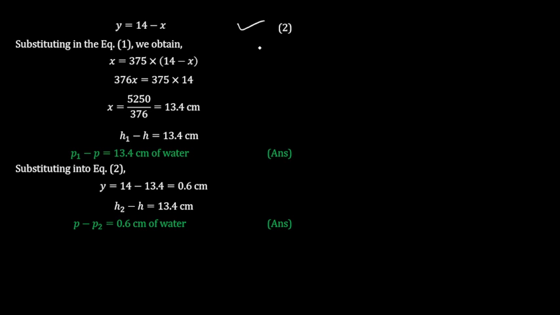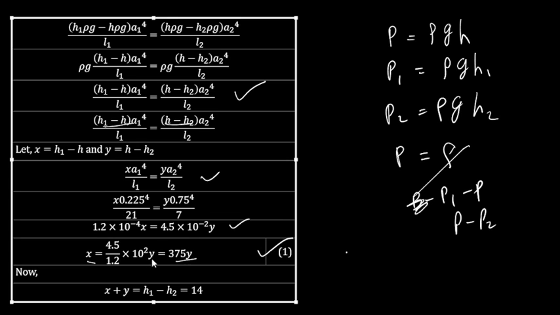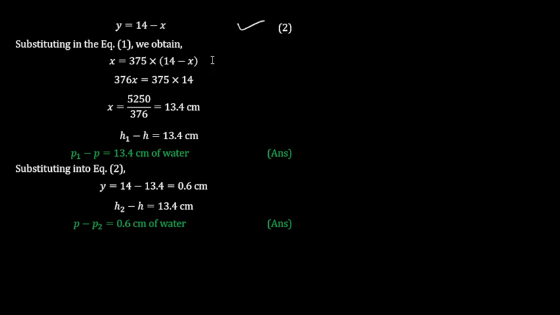We have equation 1 and equation 2 in two unknowns x and y. So we substitute y as 14 minus x into equation 1, and get x equal to 375 times (14 minus x), which we simply solve and get x equal to 13.4 centimeter.